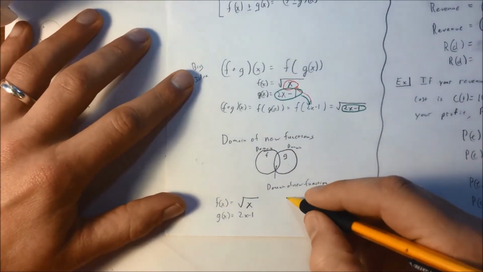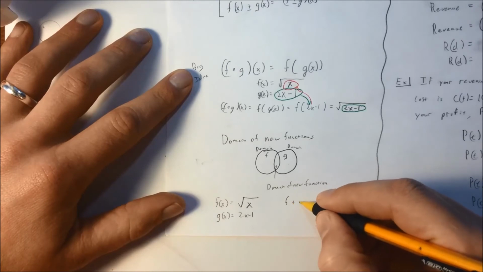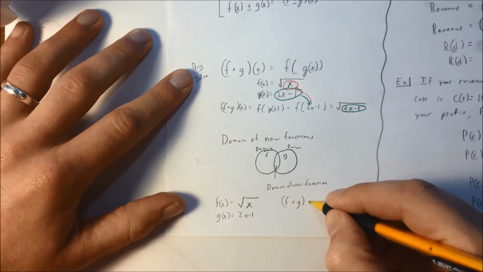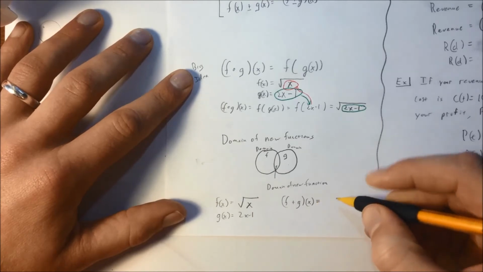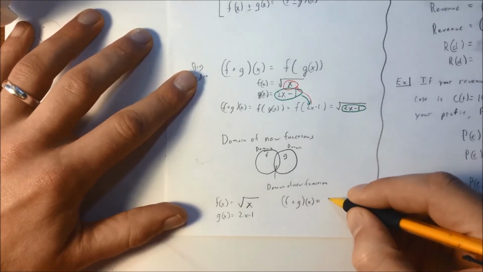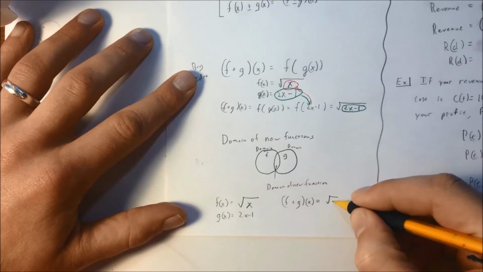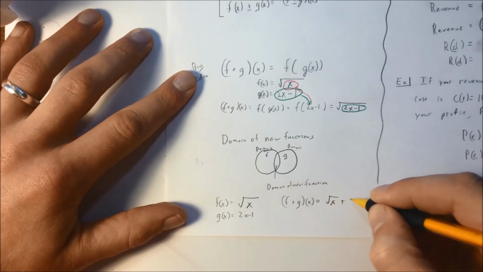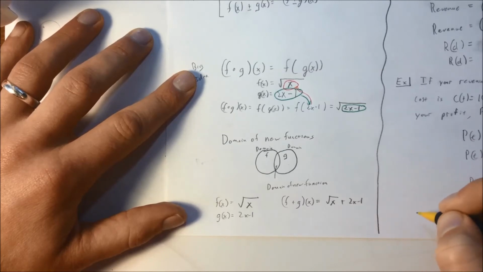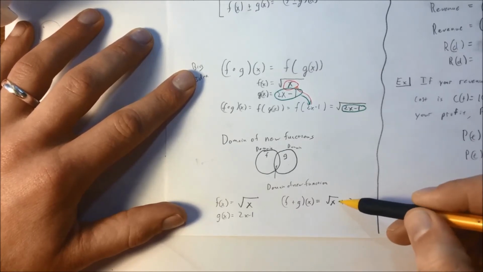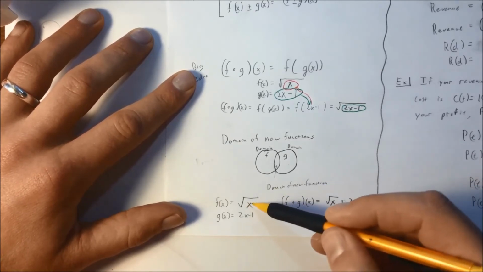If my new function is f plus g of x, that means the new function is going to be the square root of x plus 2x minus 1. Now, what's happening here is the domain of f.